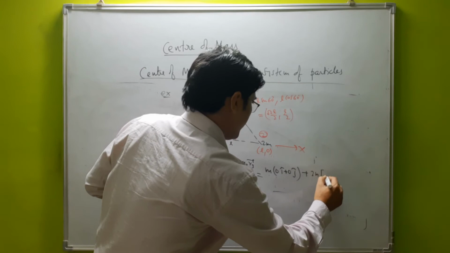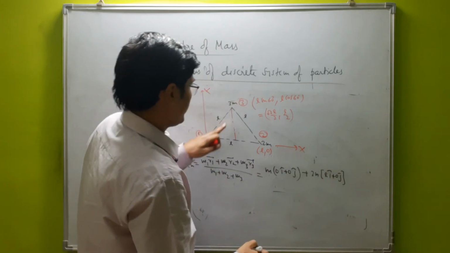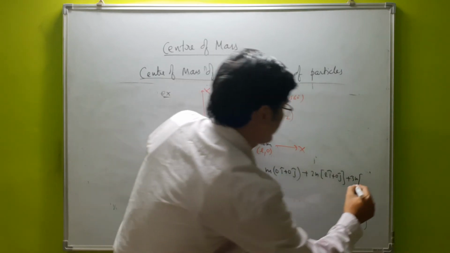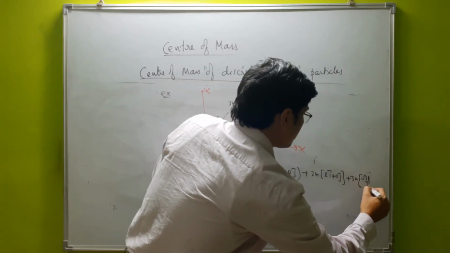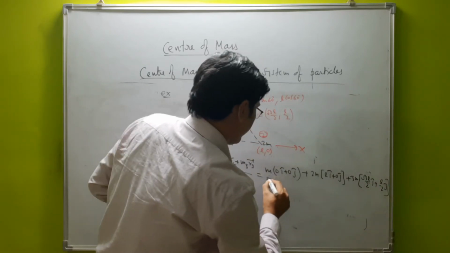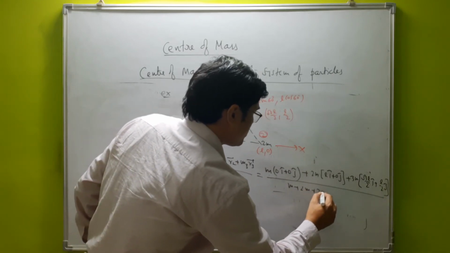Then 2m times L i cap plus 0 j cap, and for 3m this would be root 3 L by 2 i cap plus L by 2 j cap, divided by the entire mass, m plus 2m plus 3m.